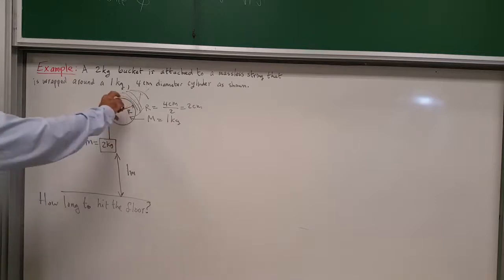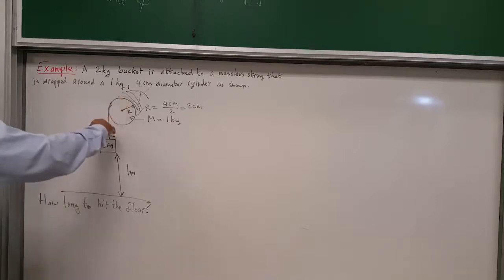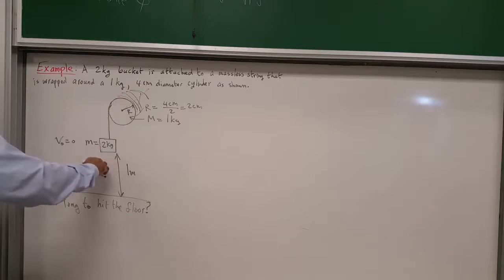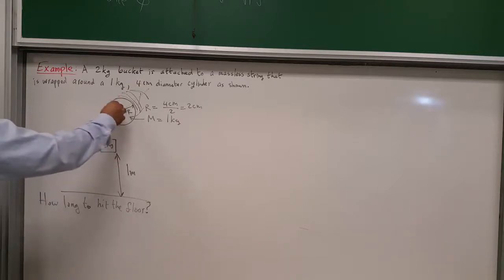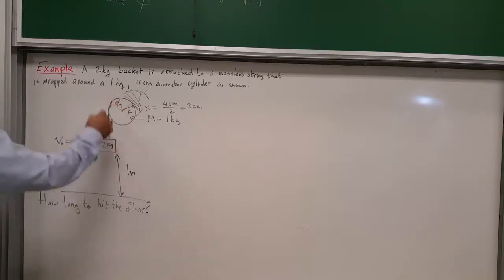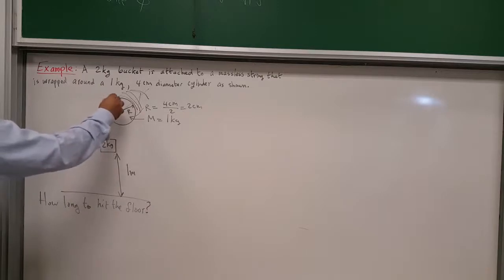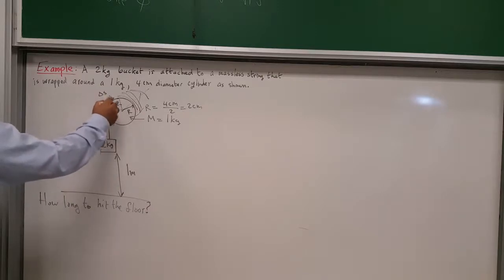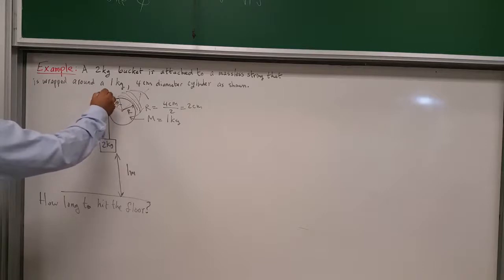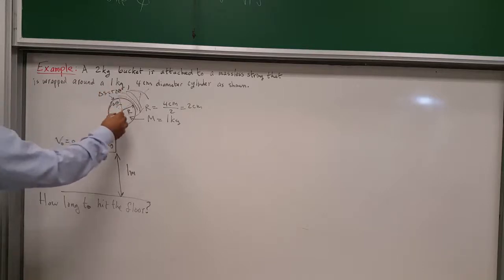So if this spins by an angle theta, the mass will fall by a length x. If this is an angle theta, then this much rope is released and the mass falls by that much. This much is delta S here, and this is delta theta. Delta S is equal to R times delta theta, where R is the radius.